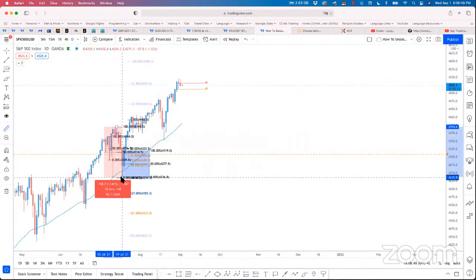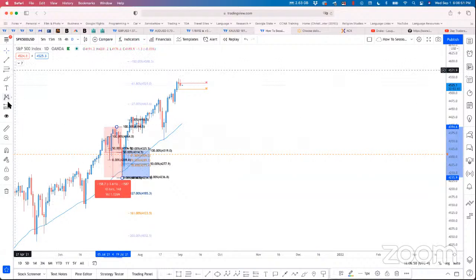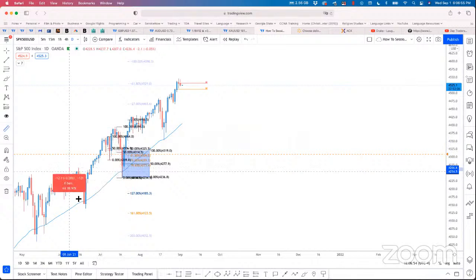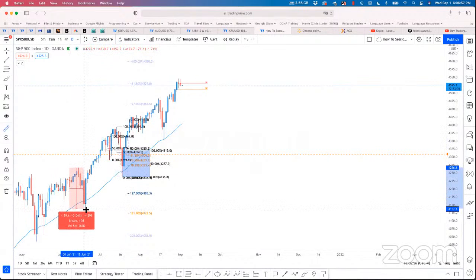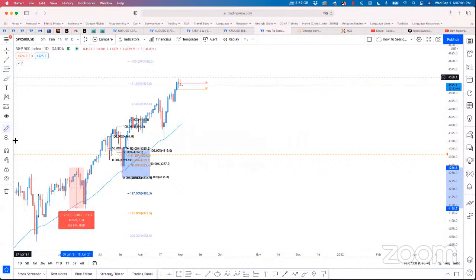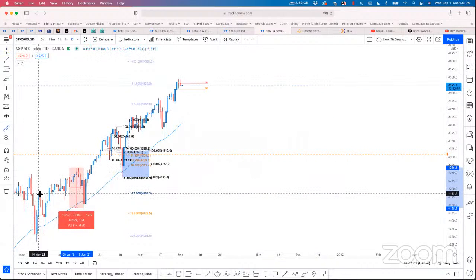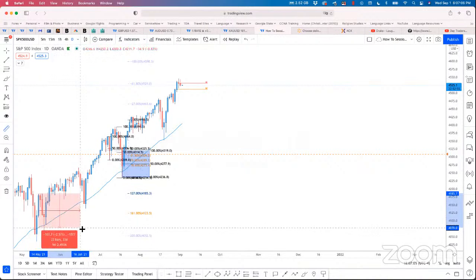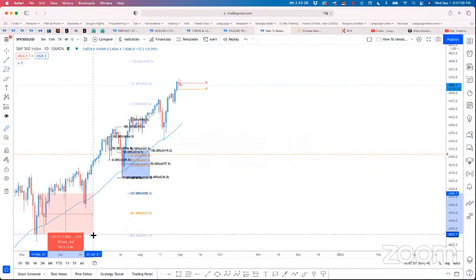This one's 3 and 3.6, 3.6, 1. This one's exactly 3. This one's 3.2.